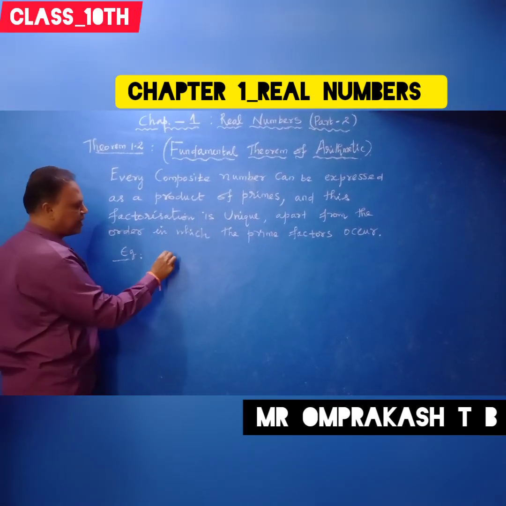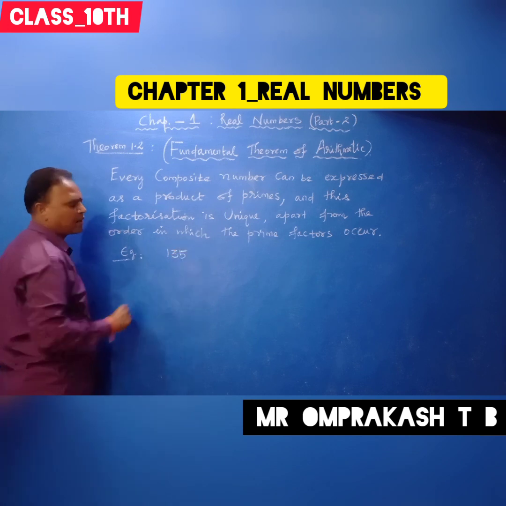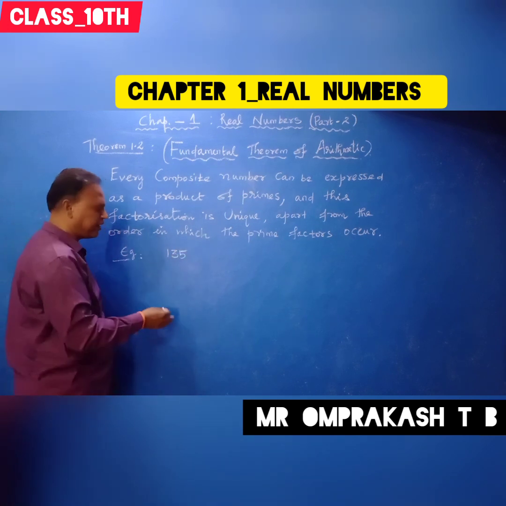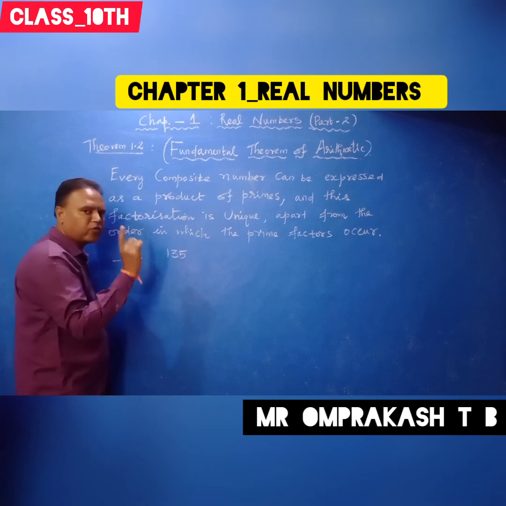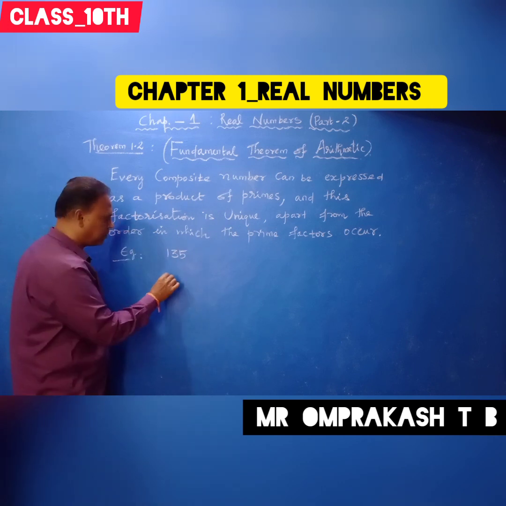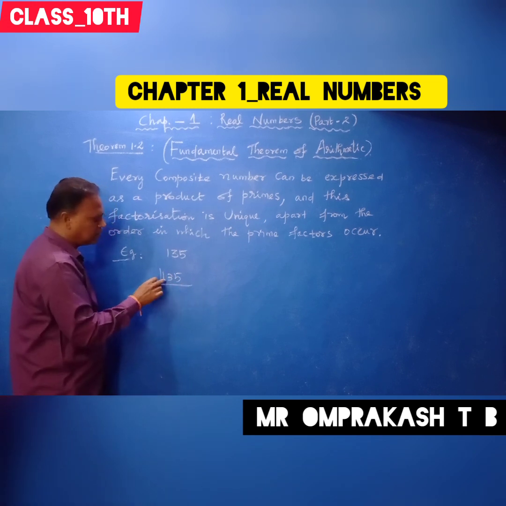Take some number, 135. You have to find the product of primes. So you have to take prime numbers and divide. 135 divided by the prime number 2 is not possible. 3 also no, but 5 you can divide.